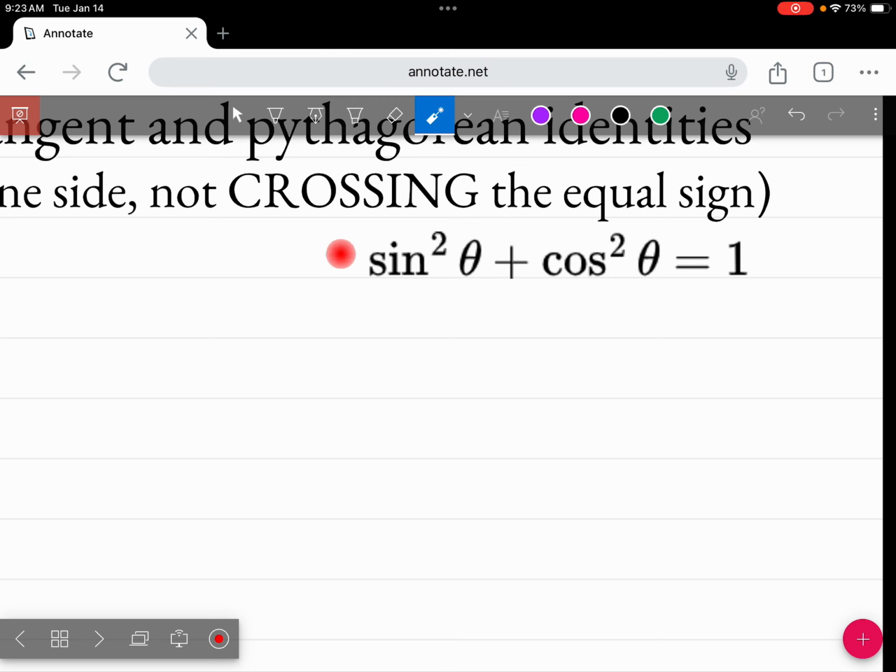Okay, so like I said, when we have our sine squared theta, that's the same thing as saying the sine of theta as a group being squared. So I can rewrite my sine of theta same way I did on the other one, where I write my sine as the fraction opposite over hypotenuse, right? This is our opposite over hypotenuse.